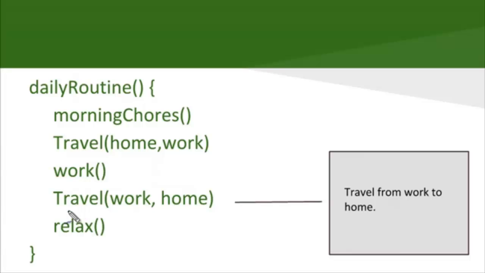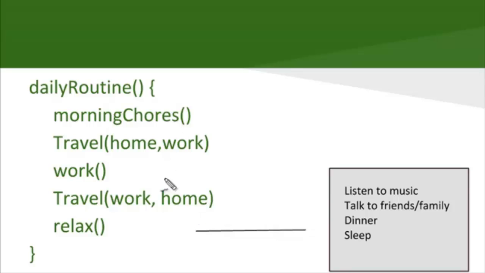And as I said earlier, when you travel from work to home, again we have the same travel, just the start position and the end position is replaced. And then relax part can consist of, say, listening to music, talking to friends, family, having dinner, and sleeping.